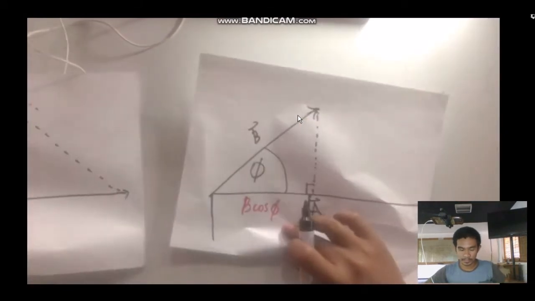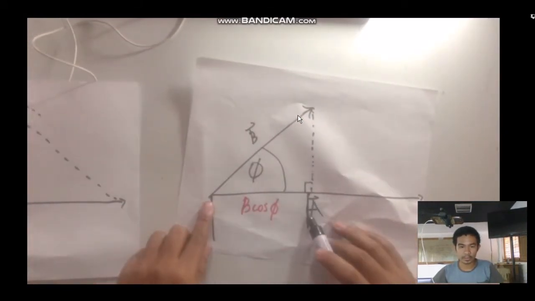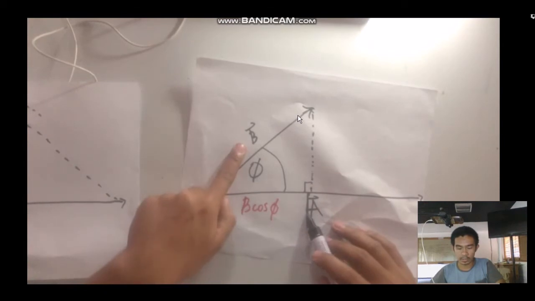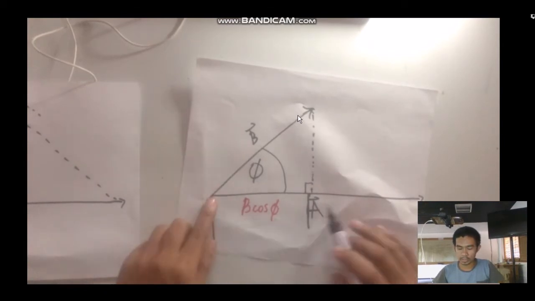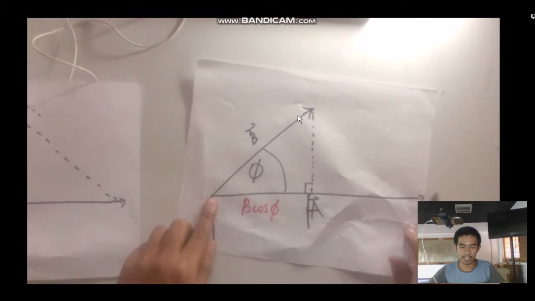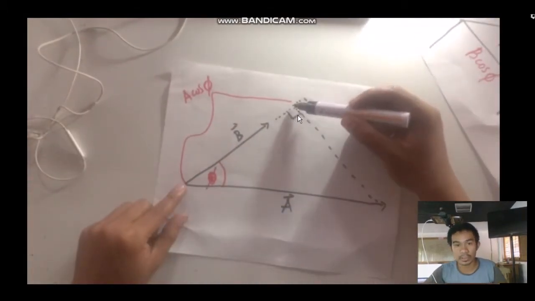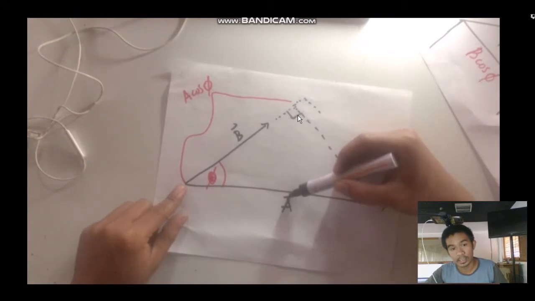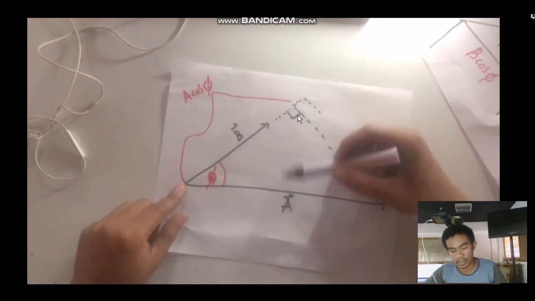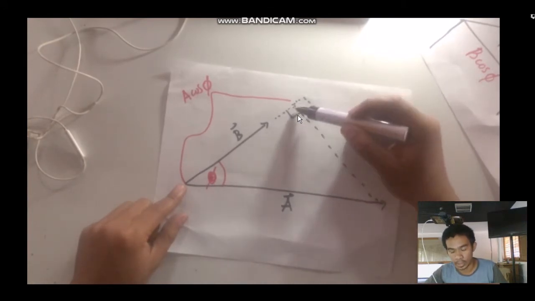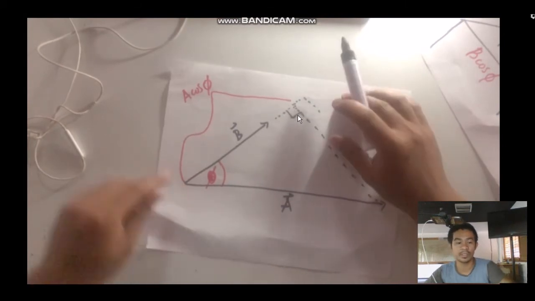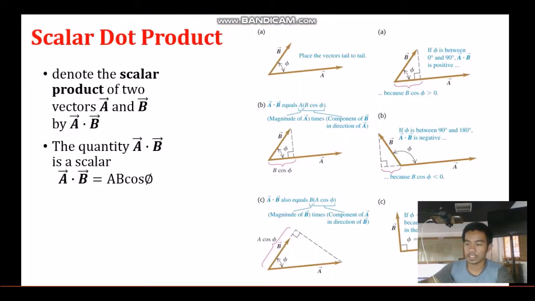This one is the component of vector B projected onto the direction of vector A. And this one is the component of vector A projected onto the direction of vector B. Okay, so what is the scalar dot product?